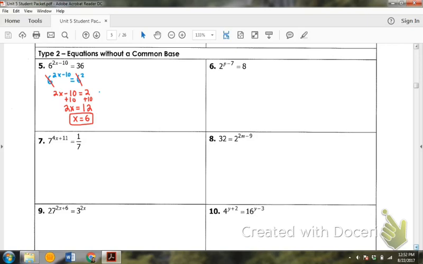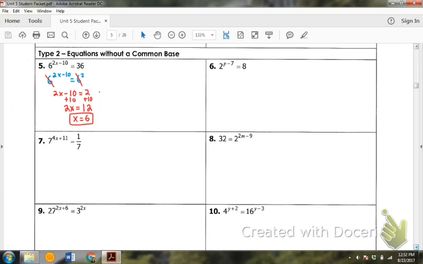Okay, what about number 6? We can't change 2, right? It's basic how it is. You guys, in your calculator, remember you have this button right here? This little caret button thing above the divide sign? That's your exponent. So you can take 2 to the second, 2 to the third, 2 to the fourth. I mean, when the numbers get bigger, you'll have to do that. But 2 to the what power is 8? 2 cubed, right? 2 to the third power.